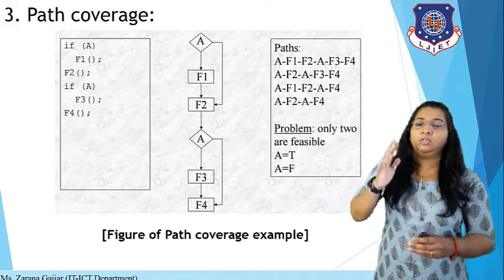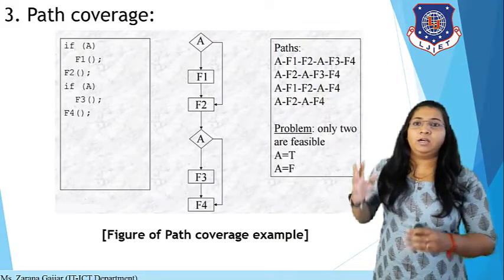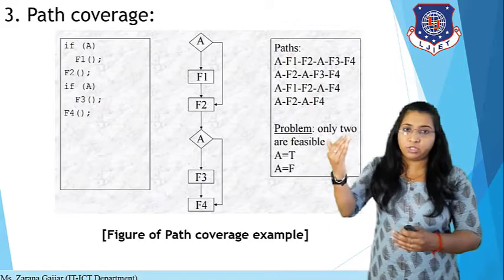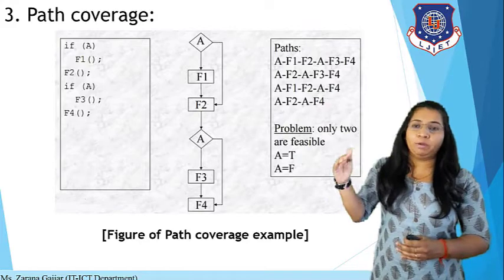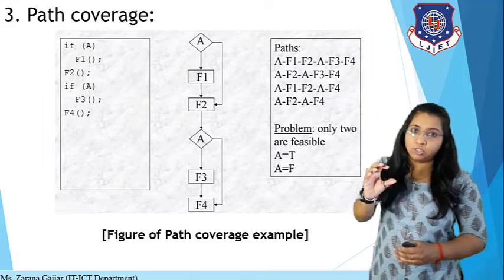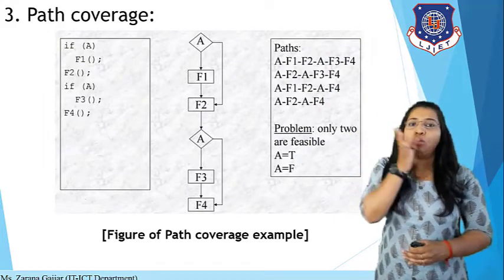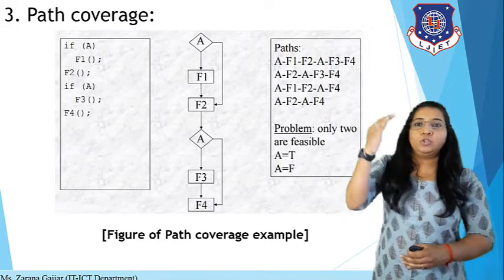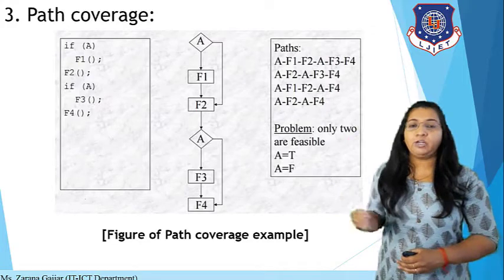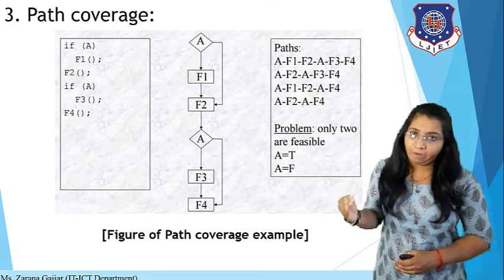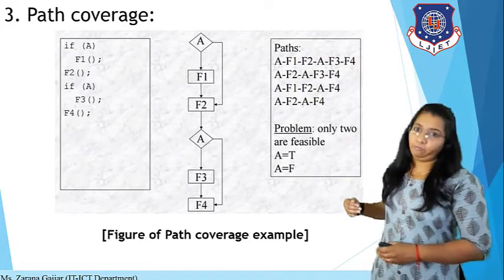Now let's take an example where the if condition is false the first time. So a is checked, then f1 is not performed because that if condition is false, so it will not go into that part. Then it redirects to f2. So the path is a, f2, a, f3 and f4.